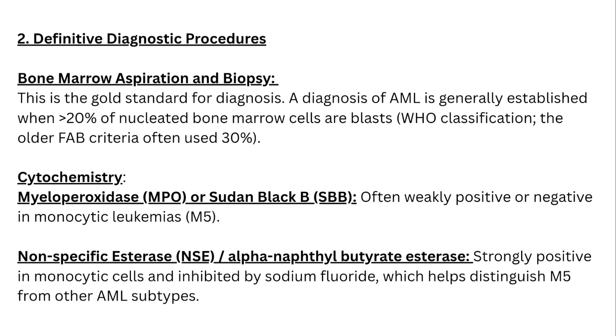And an interesting point here is that the non-specific esterase test can be inhibited by sodium fluoride, which helps in distinguishing M5 from other AML subtypes. These procedures not only confirm the diagnosis but also provide critical insights that guide effective treatment strategies for the patients.